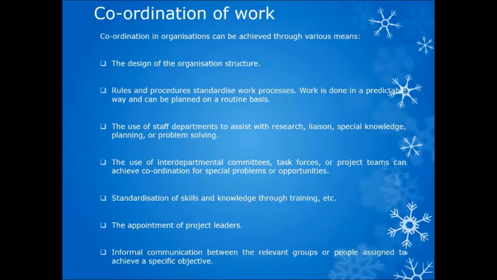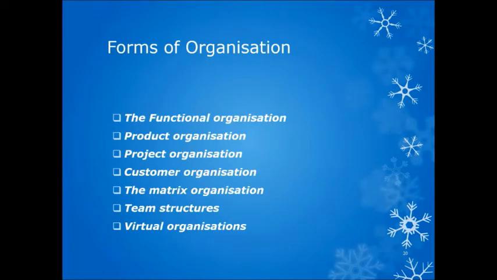Coordination of work. Coordination in an organization can be achieved through various means: the design of the organization structure, rules and procedures, standardized work processes, and the use of staff departments to assist with research and liaison officers. There are different types of organization available in management. First one is the functional organization, product organization, project organization, customer organization, matrix organization, team structure, virtual organization.